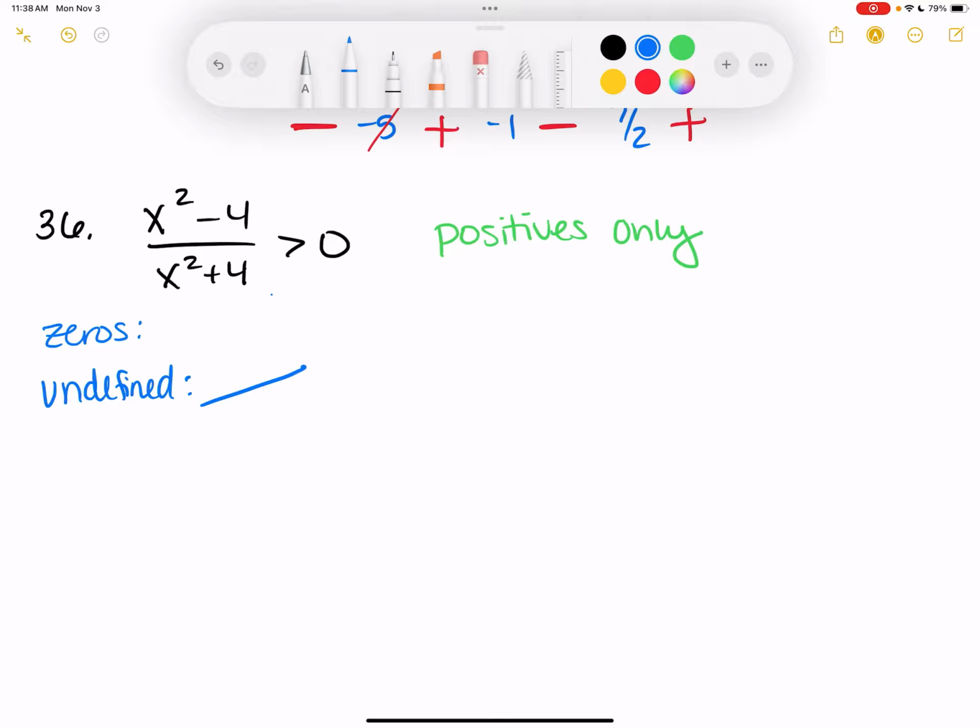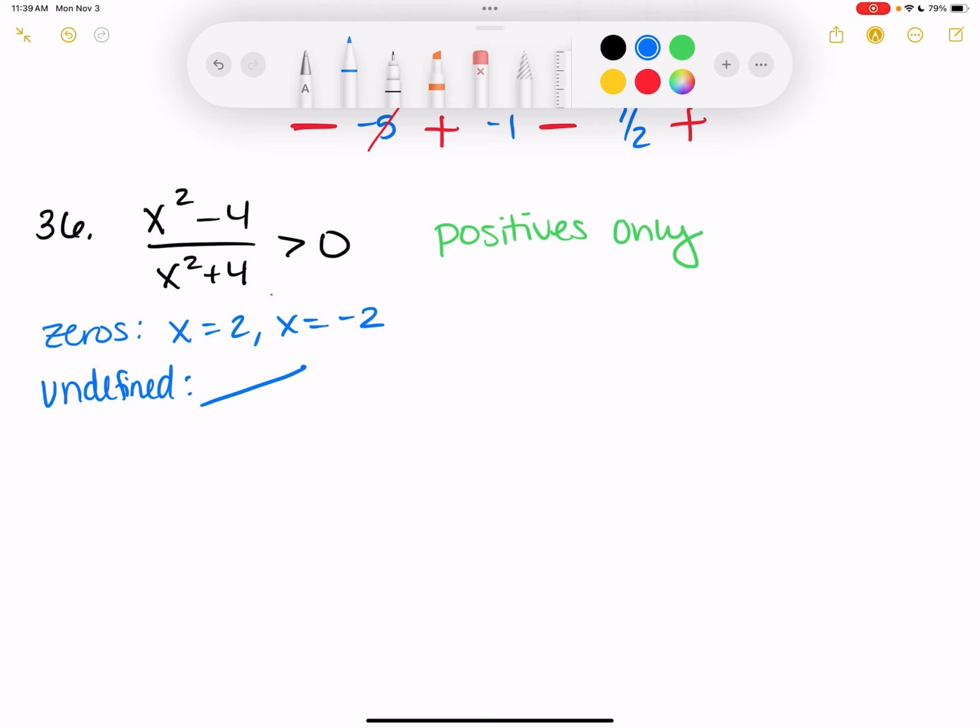What about zeros? Is X equals 2 positive or negative 2? So you could either factor this as a difference of squares, x plus 2, x minus 2, and then find them, or you could honestly just set this equal to 0 and do that. Only the top, right? Yeah. All right, so these are the values that I'm putting on my sign chart.